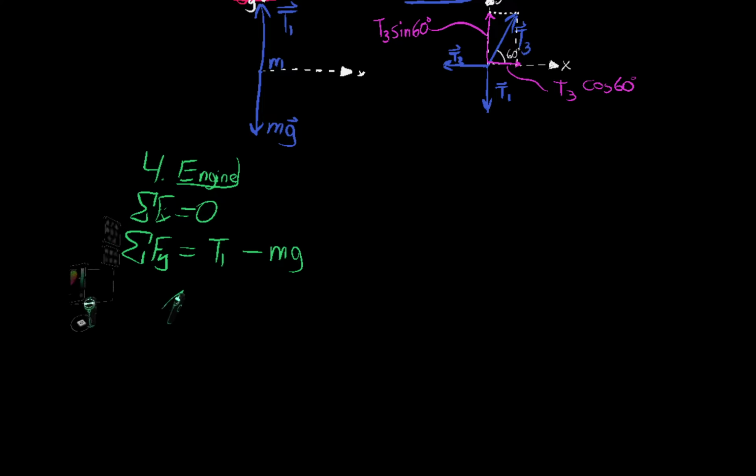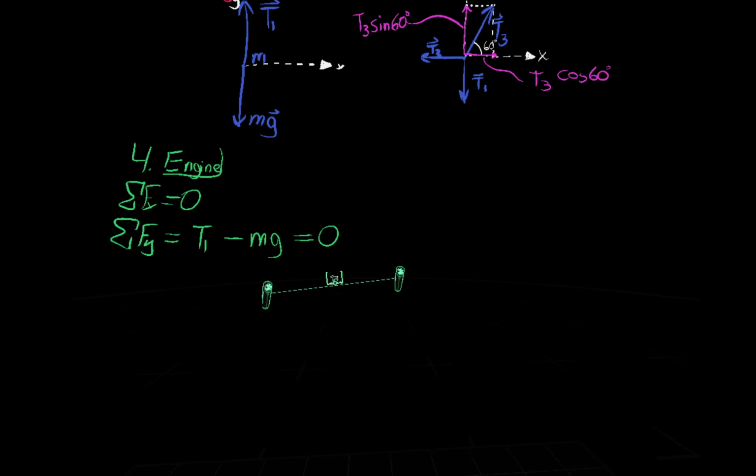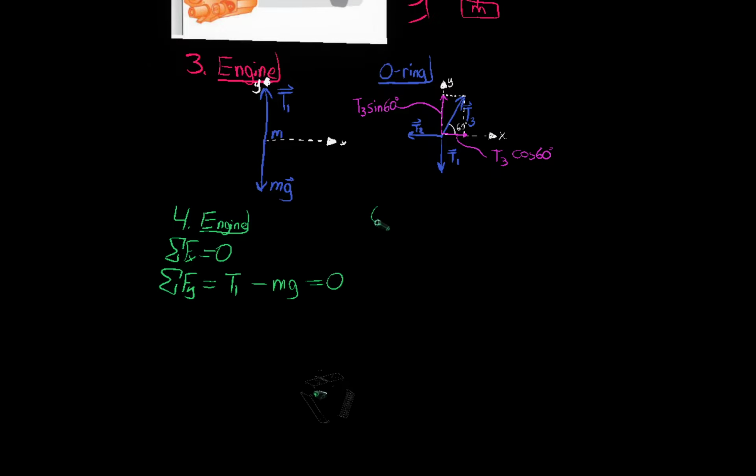We're talking about the y component, so we don't write them as vectors. And again, it's not moving in the y direction, so we set that equal to 0. You might be tempted to just quickly get a better equation out of that one, which you could, but let's not get ahead of ourselves, and let's move over to the O-ring. So this is the O-ring.